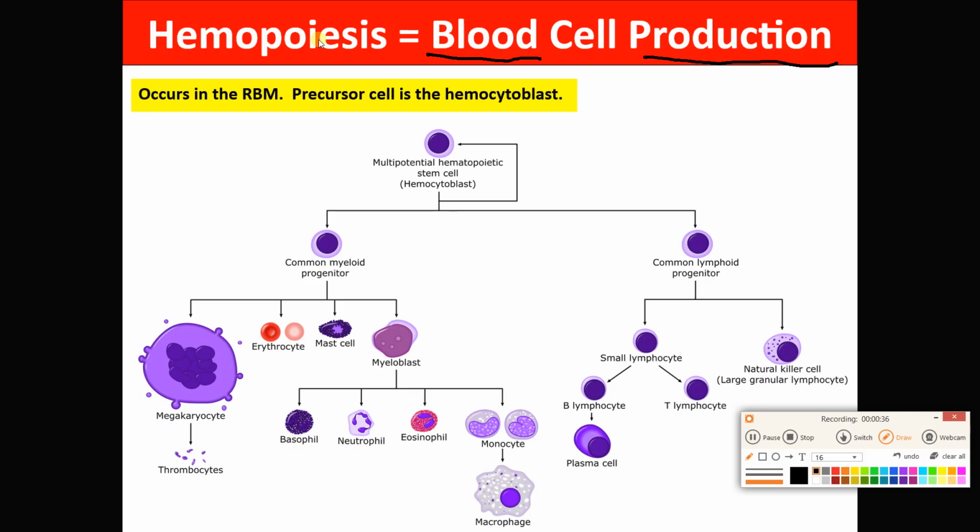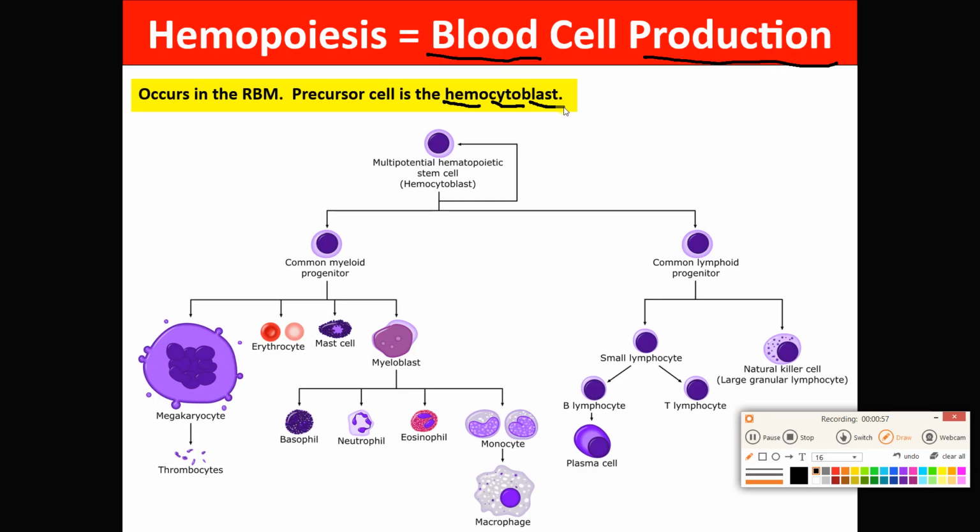So hemopoiesis occurs in the red bone marrow. There is a precursor cell, a stem cell, called the hemocytoblast. Hemo again means blood, cyto means cell, and blast means maker or producer.